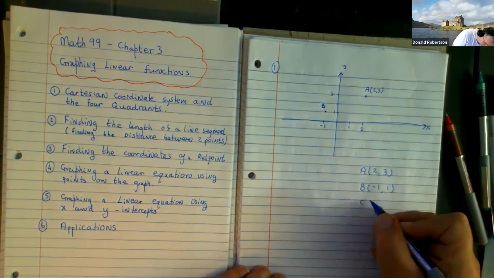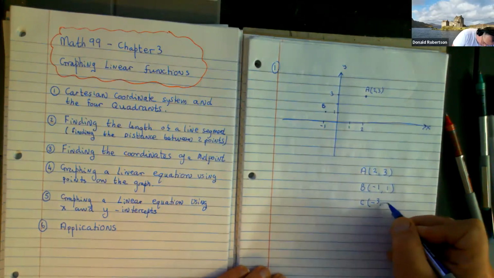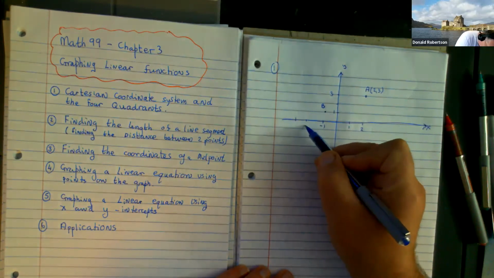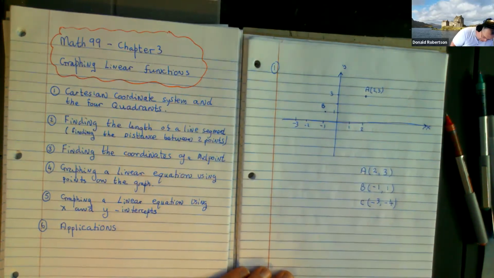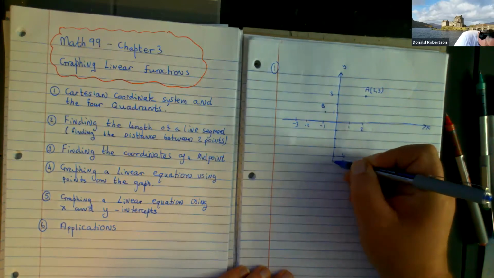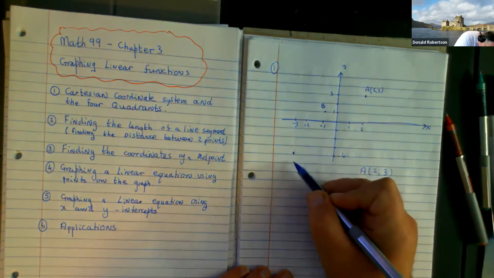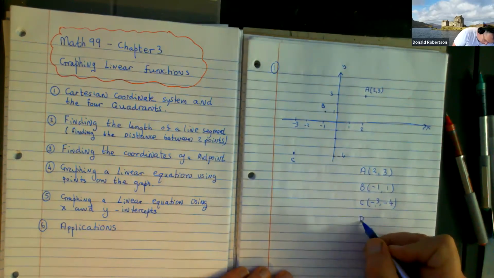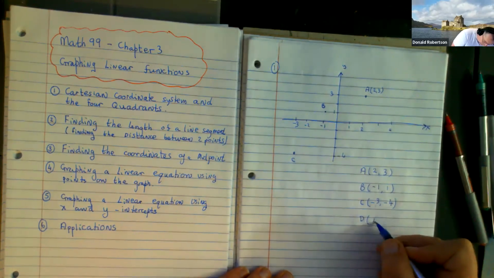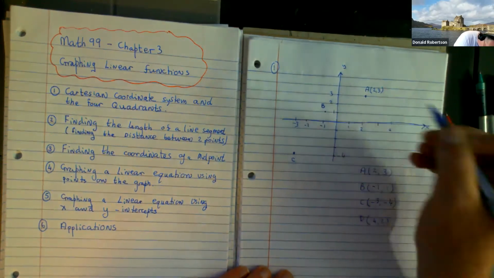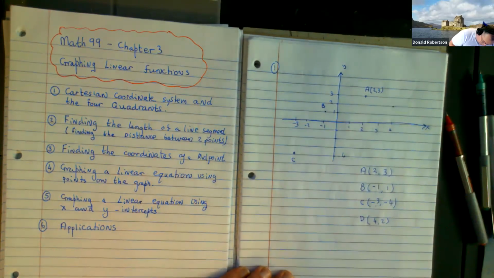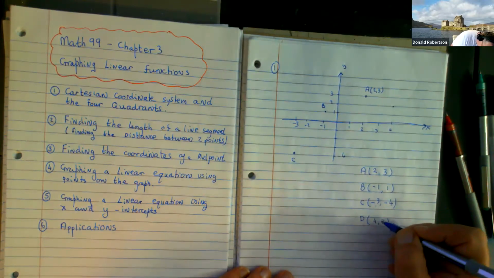Let's do 2 more. Suppose I do C and it's -3, -4. Well, you would go 3 to the left, that's -3, and 4 down, 1, 2, 3, 4 to here, and this is C. And lastly, we have a point D, and let's suppose its coordinates were 4, -2.